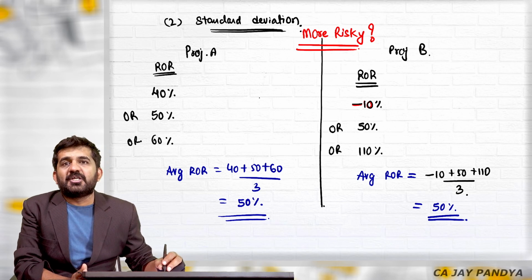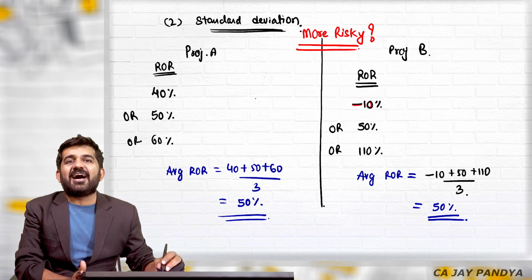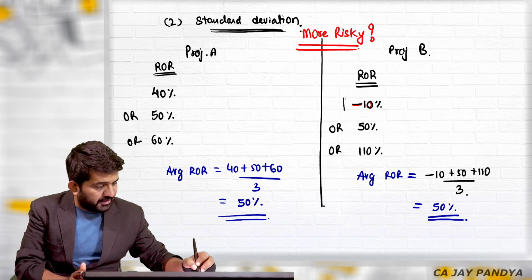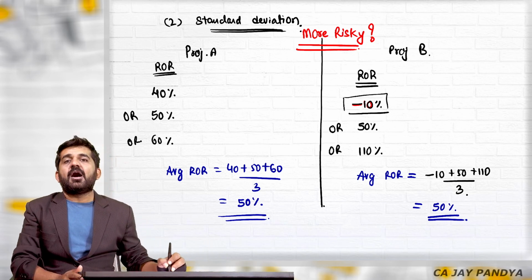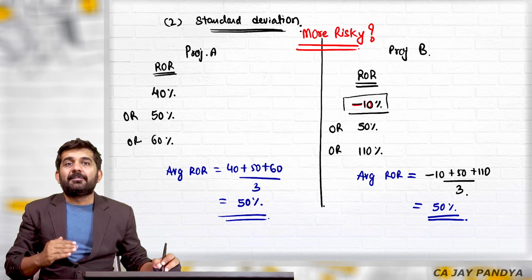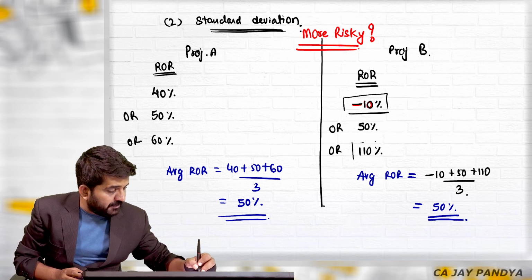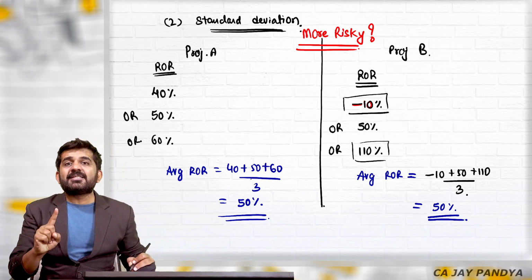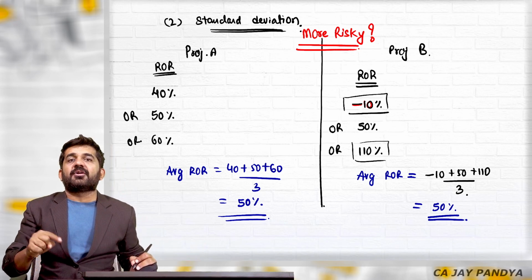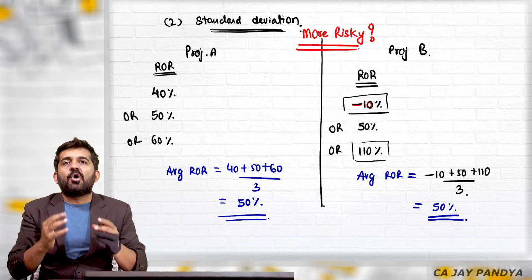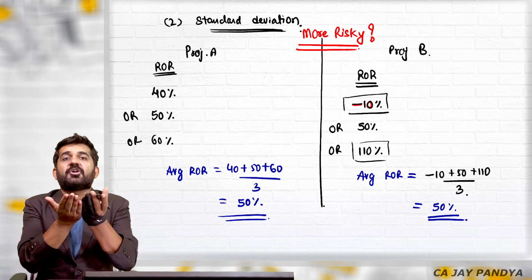Why is project B more risky? Because there are chances that you will be incurring losses. See, there are chances you will be having more losses. Sir, but there are chances you will be earning more return. Please understand, if you undertake a risky project, there are always chances that you will be earning more rate of return.